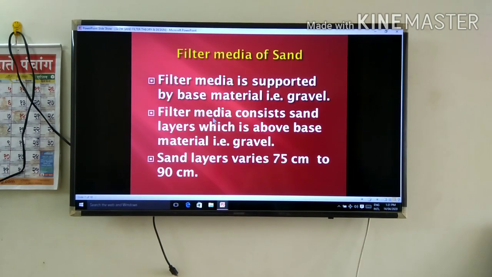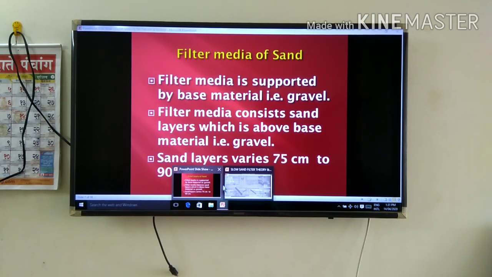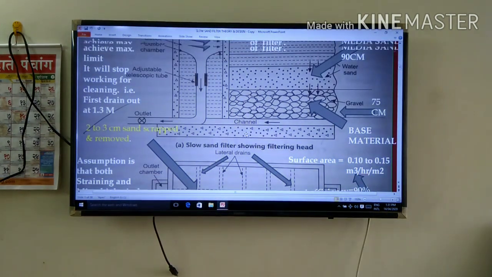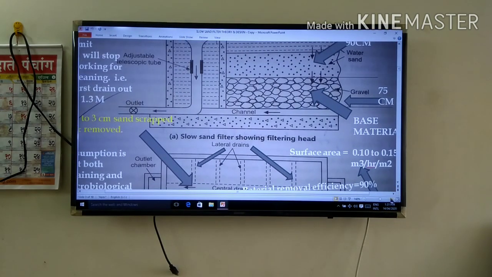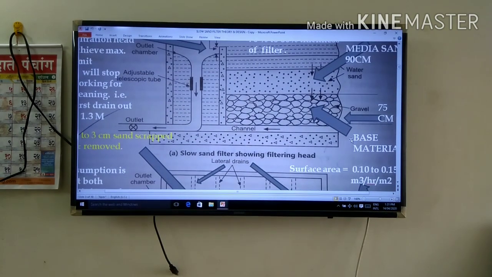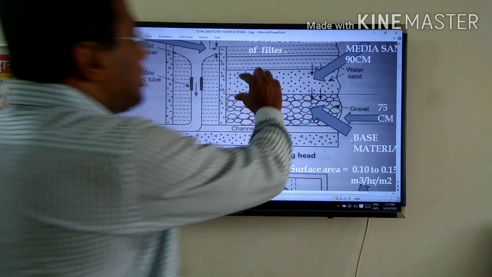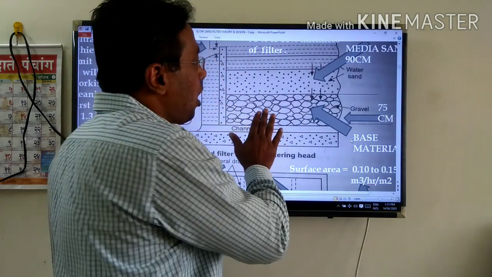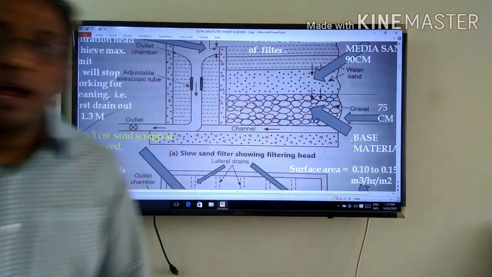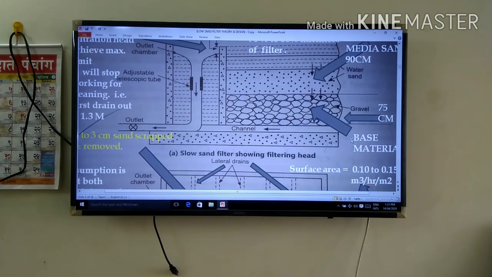Filter media of sand. See in the figure. This is the portion of sand, which is provided above the gravel.